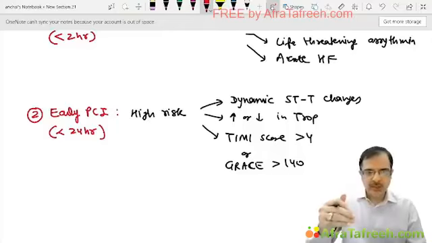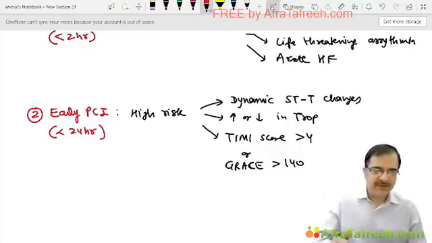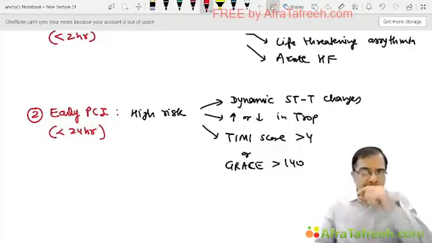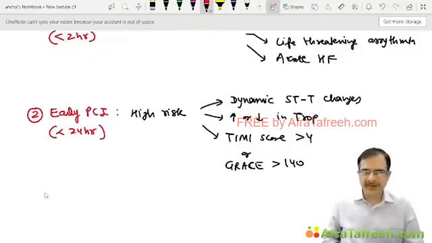What is a GRACE score? All these scorings, again I will put in a PDF in your notes section along with the novel cardiac markers.